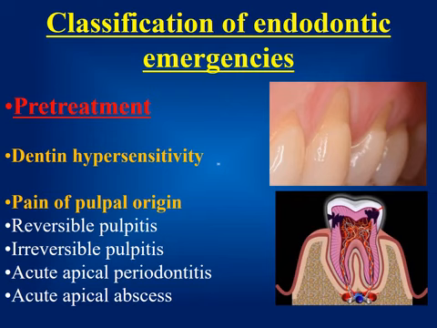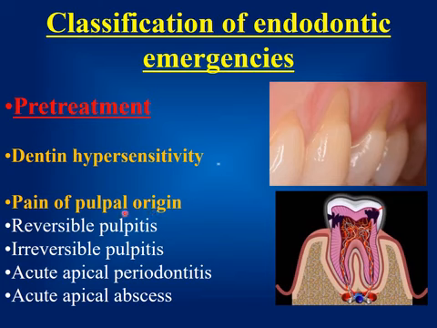First of all, dentine hypersensitivity, and this happens when there is recession of the gingiva, leaving the dentine surface open for any thermal stimulation. It is very easy to heal such a case by dentine desensitizers.